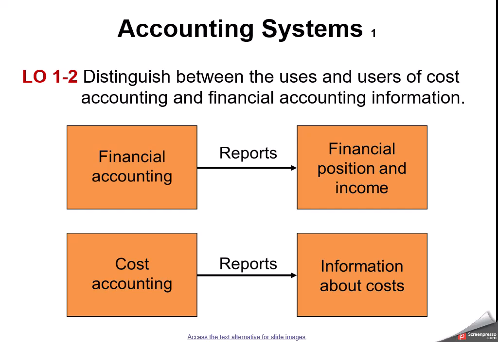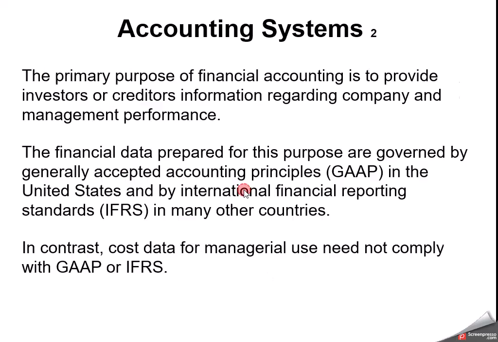Normally we're always looking at historical data to present those financial statements. Cost accounting is more focused on information about the costs, and it helps us make decisions into the future. So financial accounting is a little bit more of that past look. Cost accounting is more of a future and planning look.